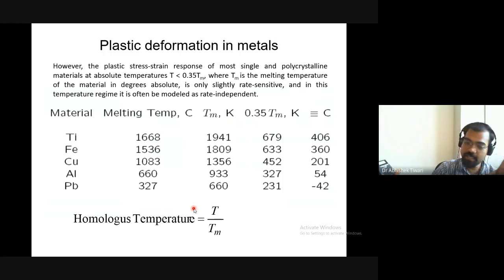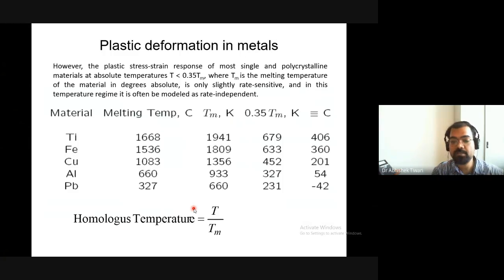So what is happening is, from room temperature to the melting point, the material is going from solidity to liquidity, right? As it approaches the melting temperature, because you are providing too much heat to the system, the atoms are vibrating more.